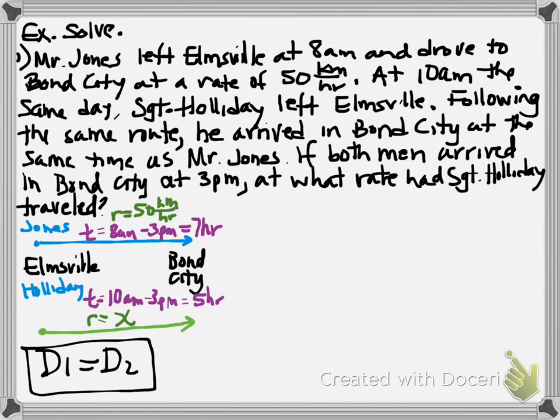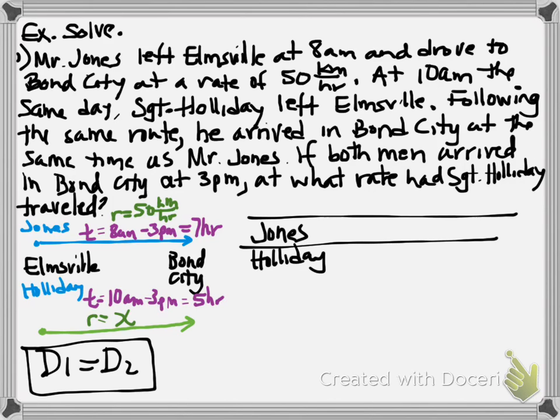So now I'm going to put my chart together where we have Jones and Holliday. And across the top is what we're used to with motion: rate, time, distance. But what's different is that rate is 50 for Jones, but X for Holliday.